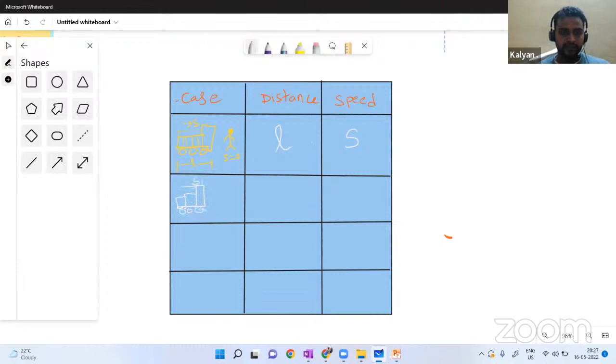So the speed of the train is s1, and the person also runs here with s2 speed. But here I'll tell you one thing. The person may travel in the same direction as the train or maybe in the opposite direction. So I'm putting 2 arrows here.